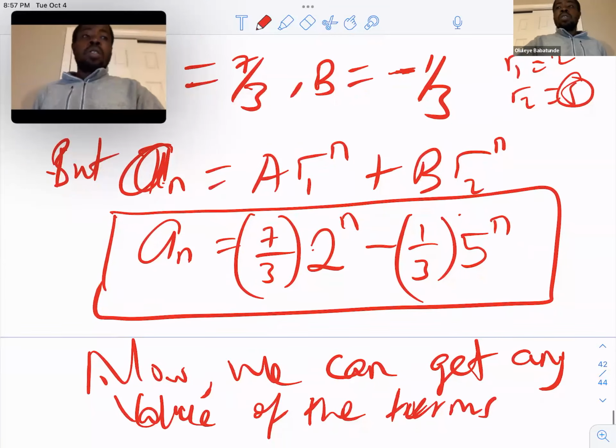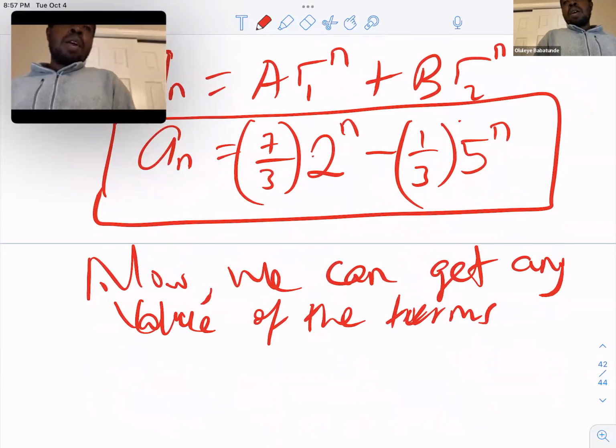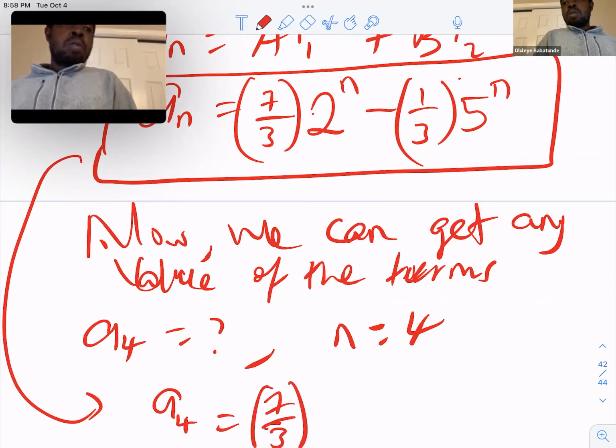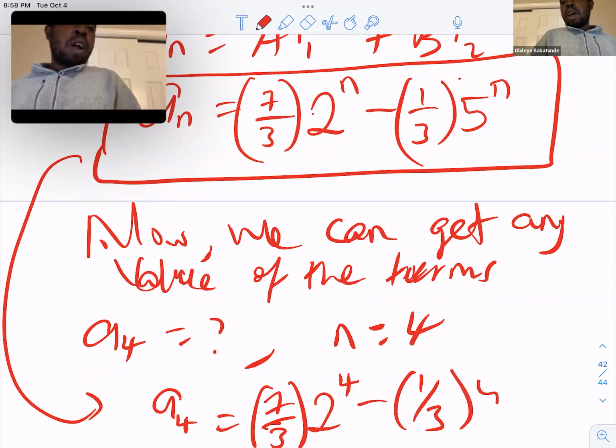Let's say, what is a4? a4 is when n equals 4. I'm going to come right here. I'll say a4 equals 7/3 times 2 raised to power 4 minus 1/3 times 5 raised to power 4.